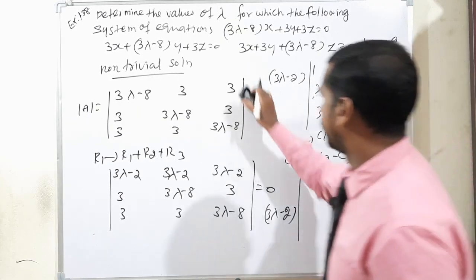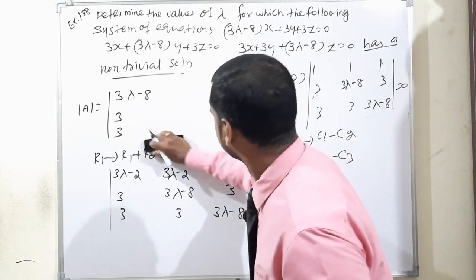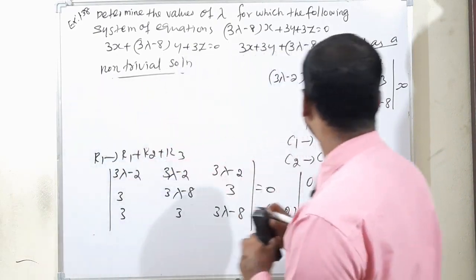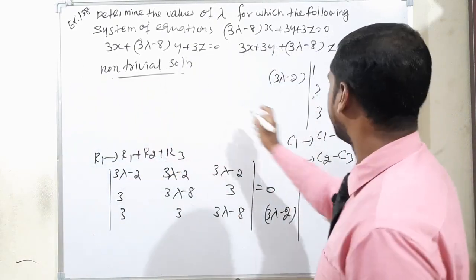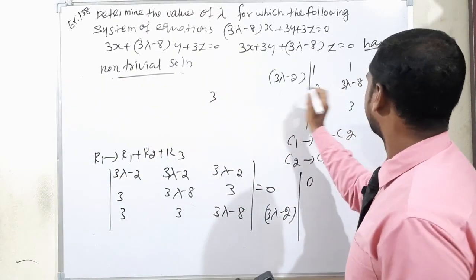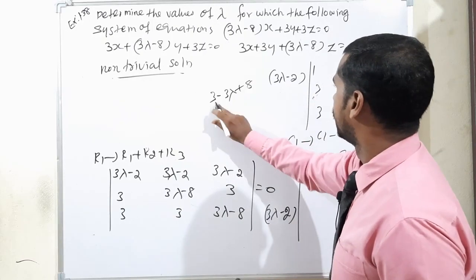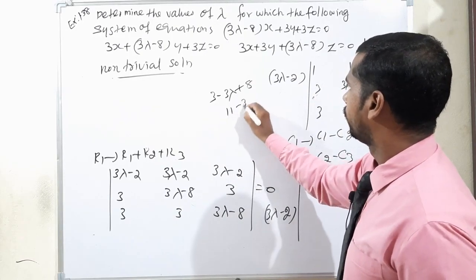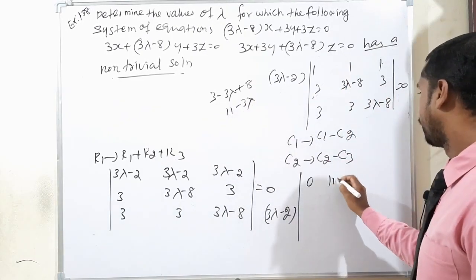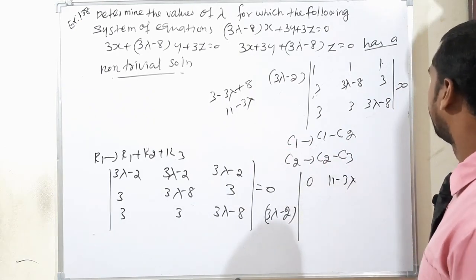Next, 3 minus (3 lambda minus 8) means minus 3 lambda plus 8, so 3 plus 8 is 11, giving 11 minus 3 lambda.